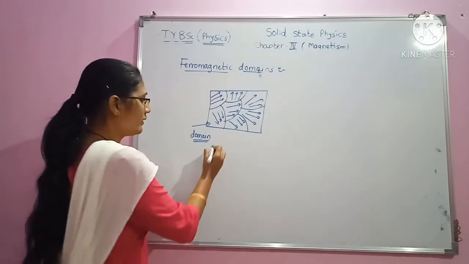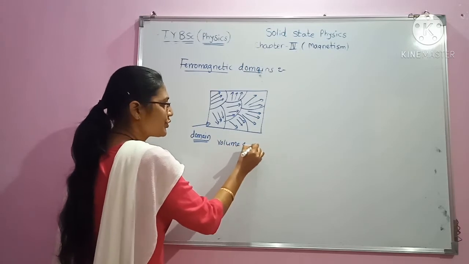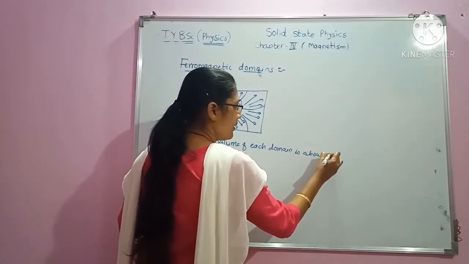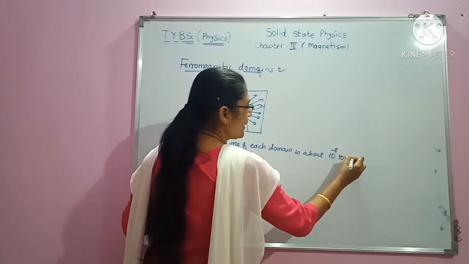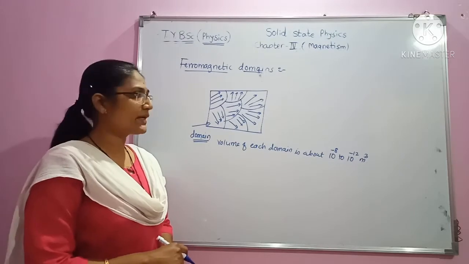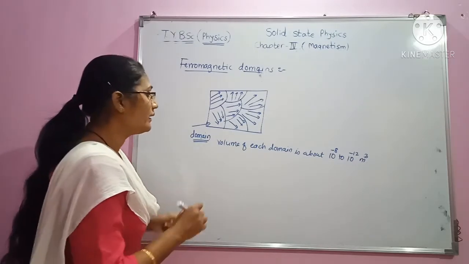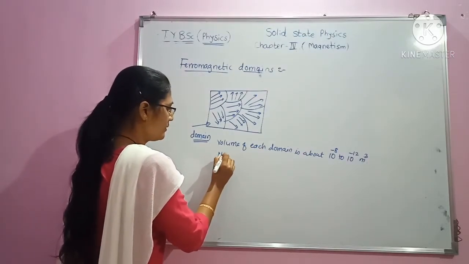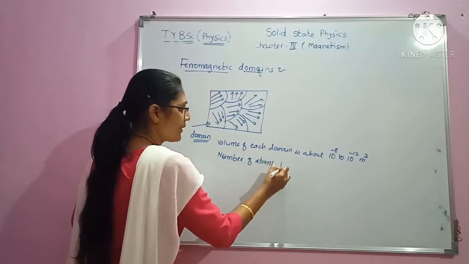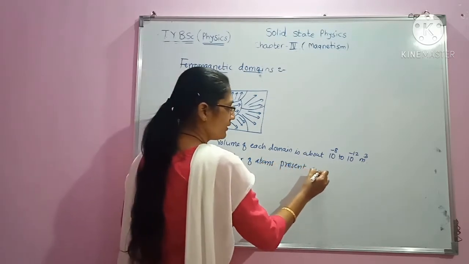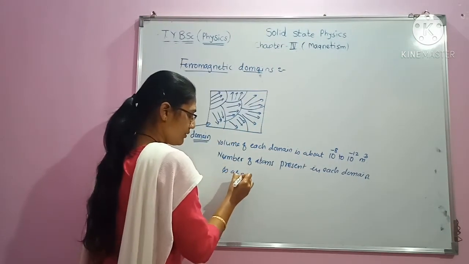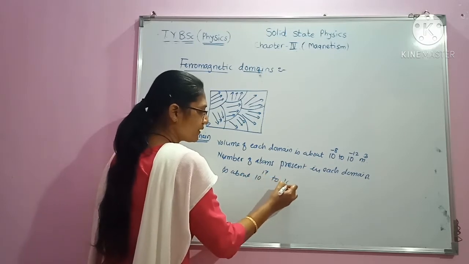The volume of each domain is about 10 raised to minus 8 to 10 raised to minus 12 meter cube, and the number of atoms present in each domain is about 10 raised to 17 to 10 raised to 21.